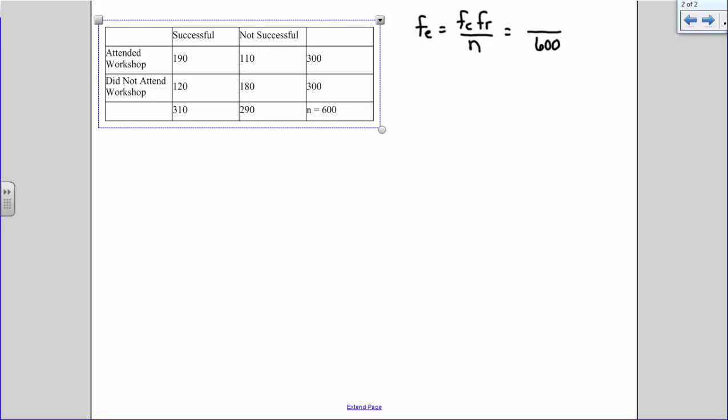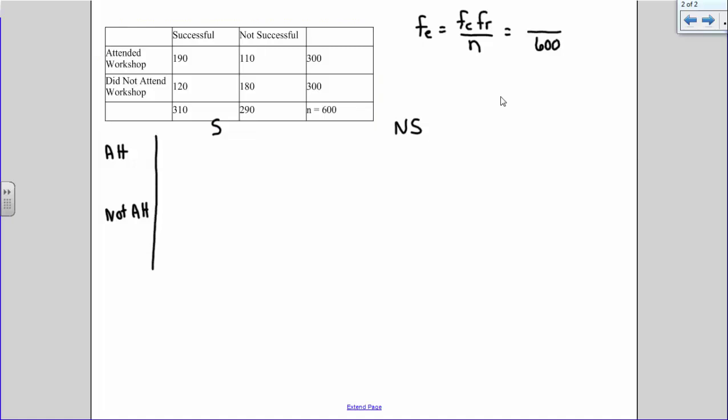All right, so let's go ahead and recreate this table, in a way, with our calculations. So we're going to have attended the workshop, not attended the workshop, just abbreviating here. We're going to have success, and we're going to have not success. All right. So these are our frequency rows.